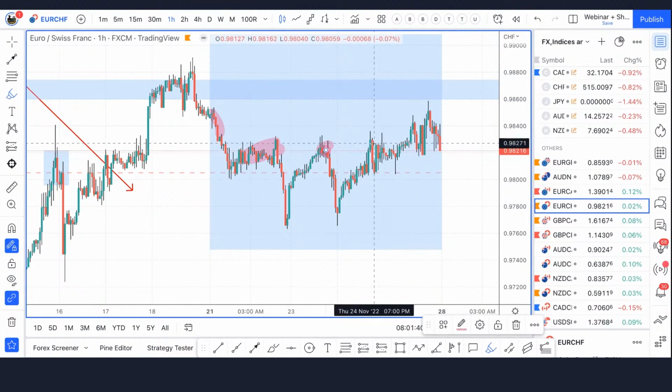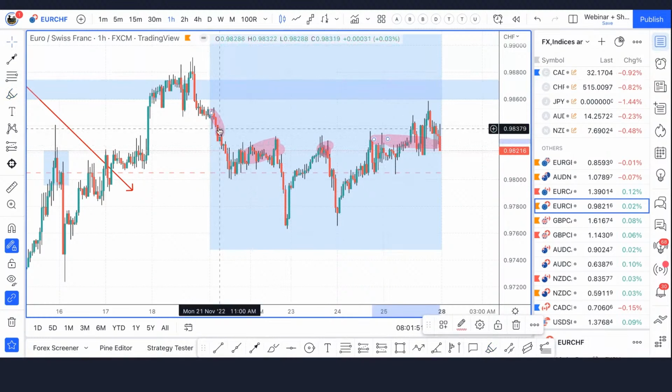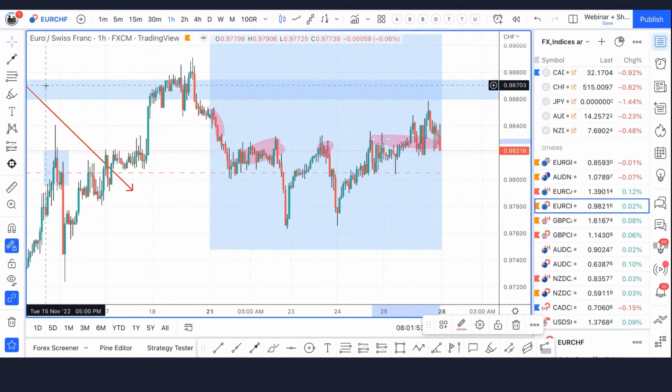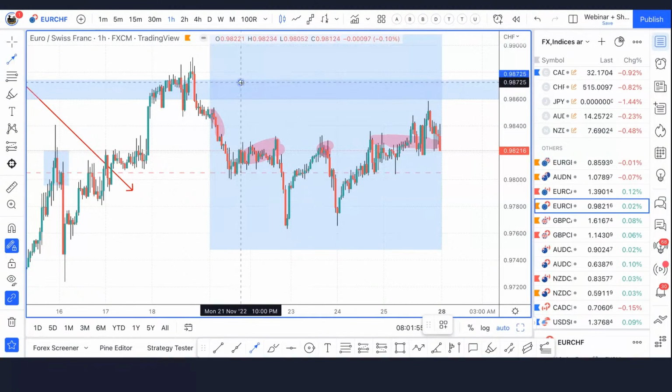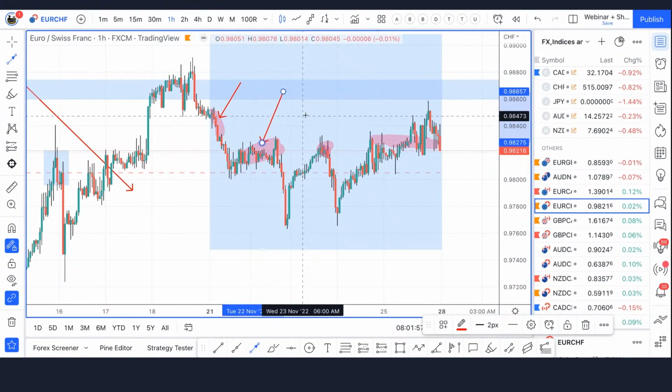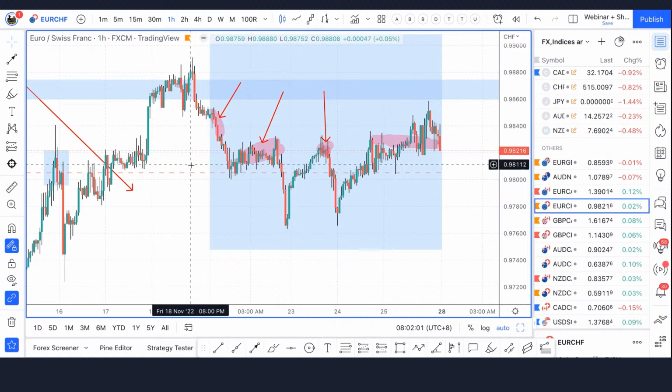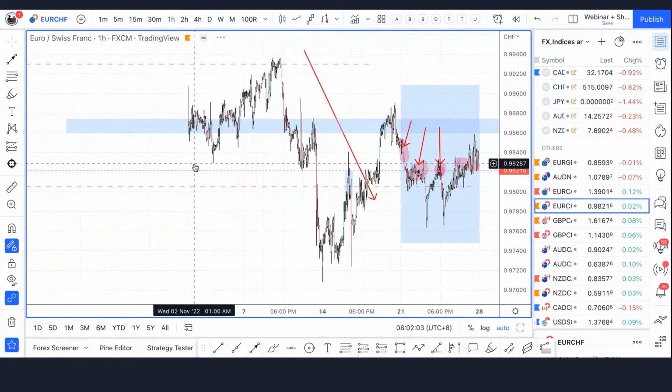Then subsequently, the price didn't have any significant interest for me to go short. So you have pretty much a few places where you can go short on the lower time frame.